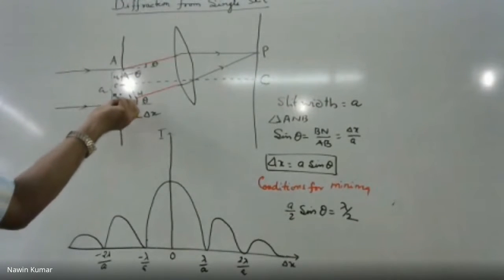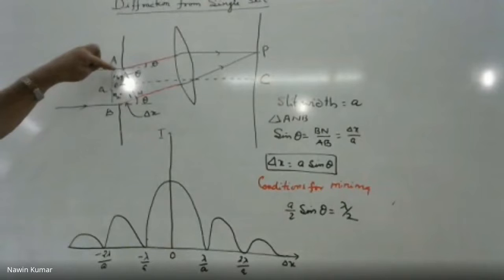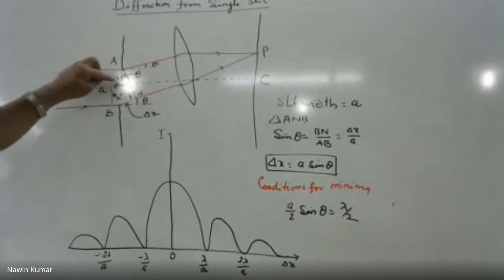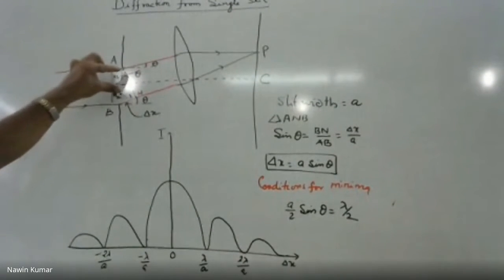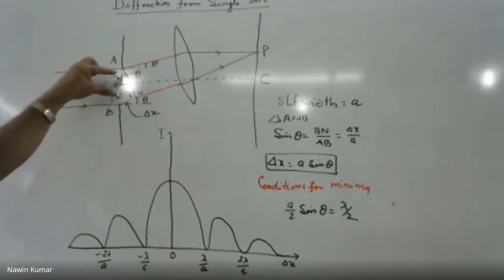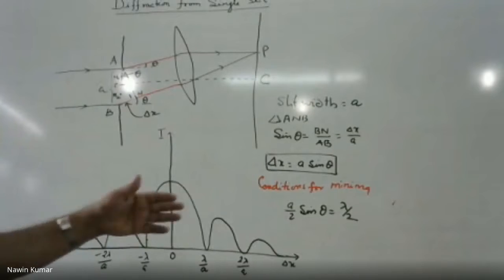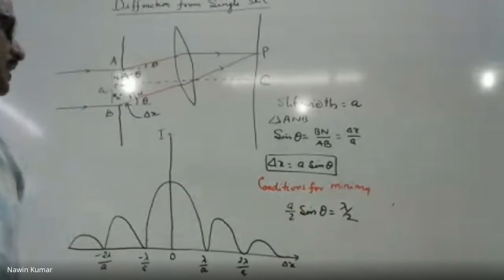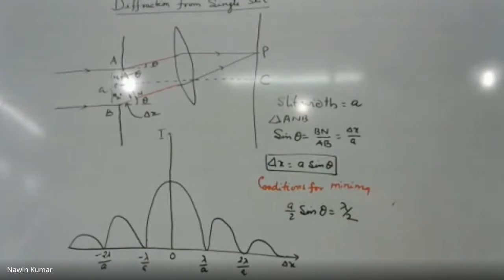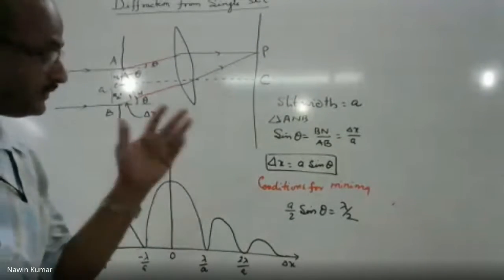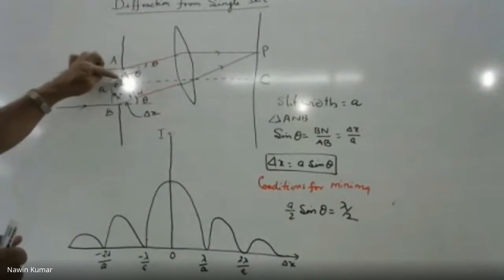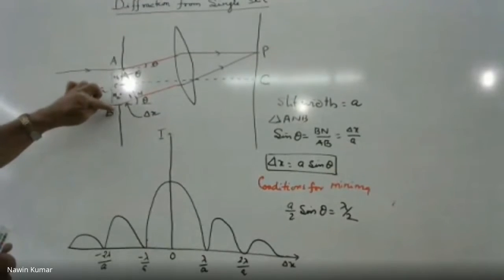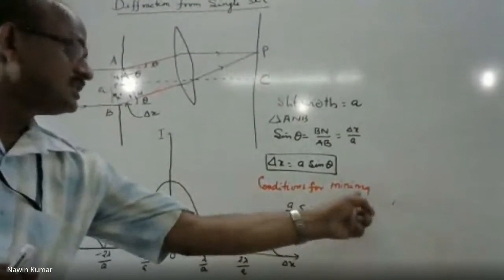If this path difference AN is lambda, and M1 and M2 are two points, M1 in AO and M2 in OB, then the width is A by 2. So the path difference will be A by 2 sine theta, and that is lambda by 2. Now, using interference, for each point in AO there is a point in OB for which the path difference is lambda by 2.